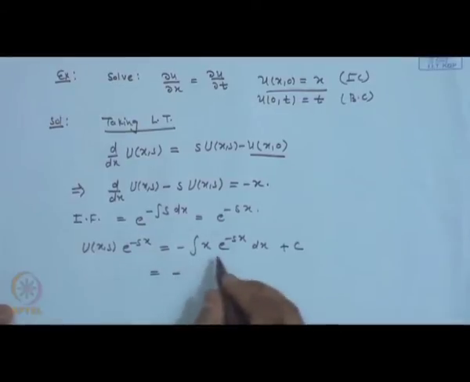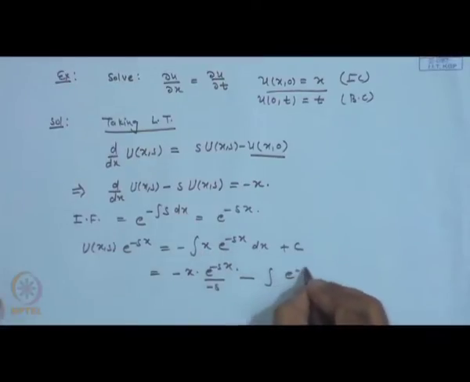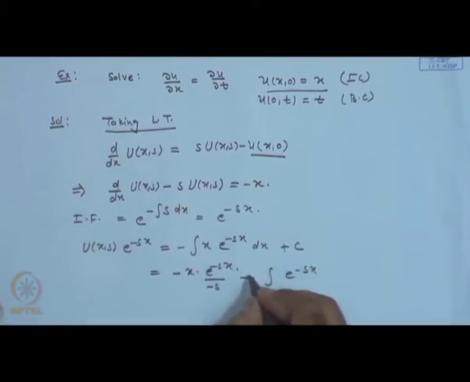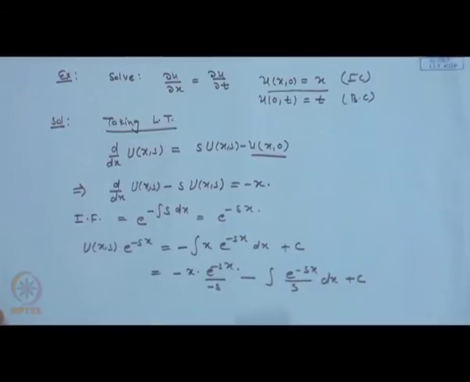So, we have minus x and e^(-sx) over minus s, and minus the integral of the differentiation of x, which is 1, times e^(-sx) over minus s. One minus was here, so that minus will be plus, and we have minus the integral of e^(-sx) over s dx, and a constant.